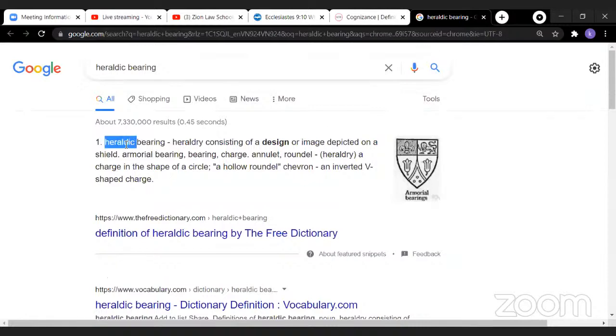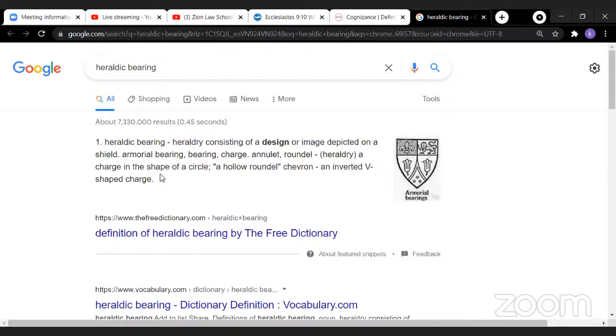Anybody want to read that or should I do it? Sure. Heraldic bearings. Heraldry, consisting of a design or image depicted on a shield. A memorial bearing, charge, amulet.